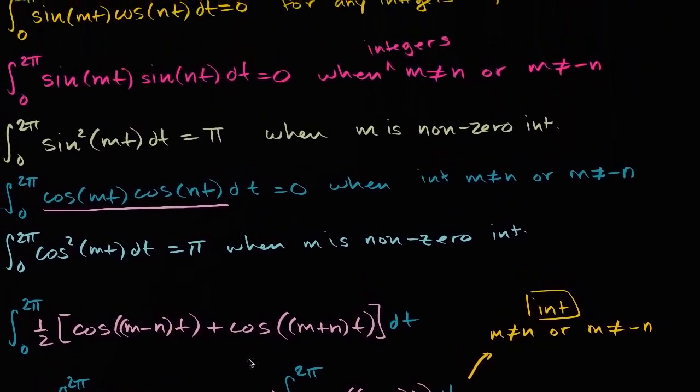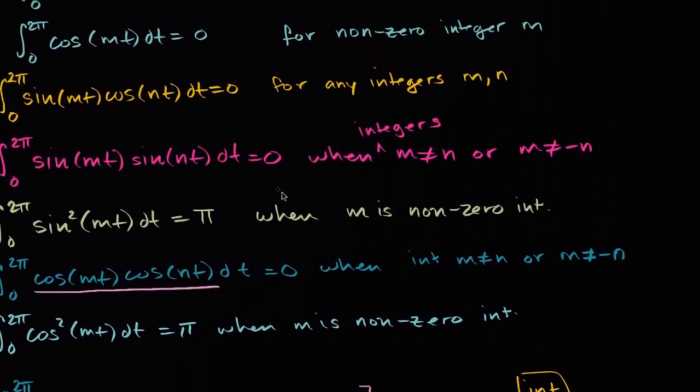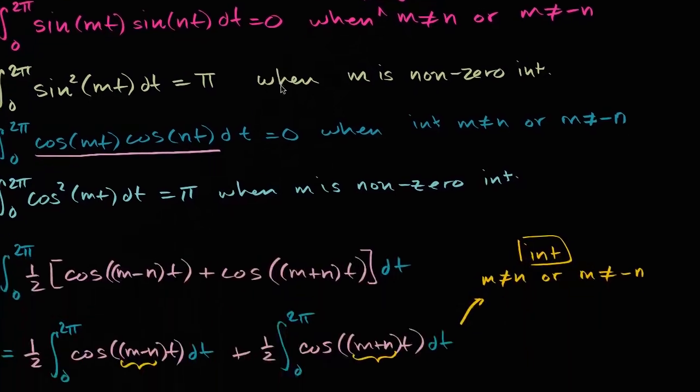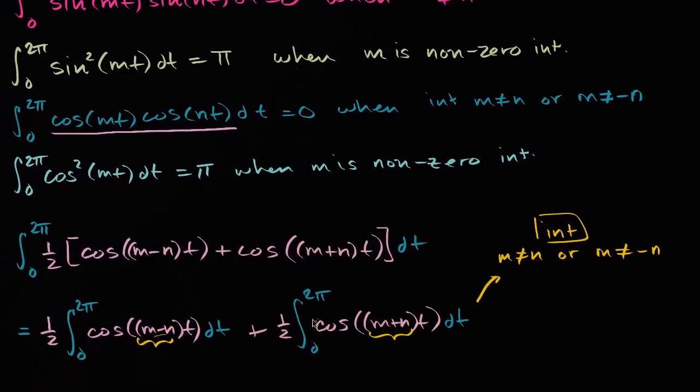And we've already established that if you have a non-zero coefficient here, this definite integral is going to be equal to 0. The definite integral from 0 to 2 pi of cosine of some non-zero integer times t dt, well, that's exactly what both of these integrals are.